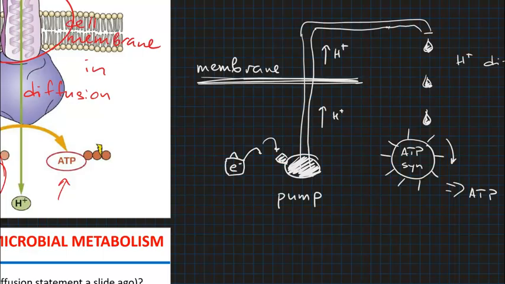This is how you fuel your pump. Does that make sense? And these electrons are brought there by the taxis, NADH and FADH2, and the electrons are taken away from glucose during glycolysis and the Krebs cycle. Does that make sense?